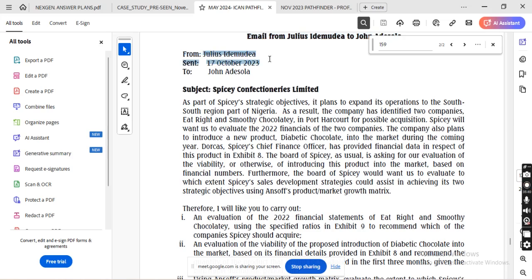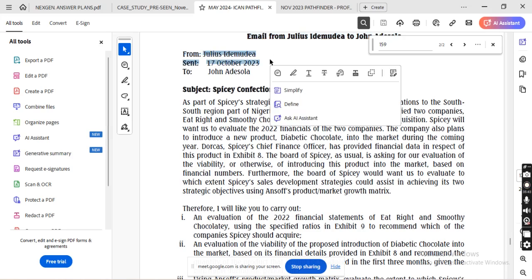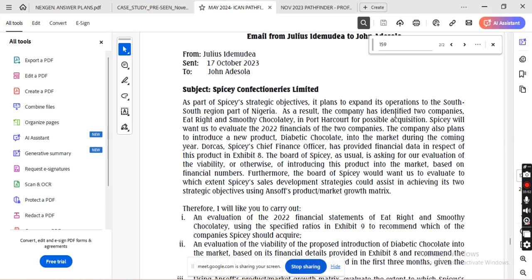We have identified that Julius and you work in Osayemi and co. As a result, the company has identified two companies, Eat Right and Smooth Chocolate, in Port Harcourt for possible acquisition. Spicy will want us to evaluate the 2022 financials of the two companies. There is an acquisition now. When you read this part, pay attention to it. You don't just read. Pay attention, understand it, then you start.